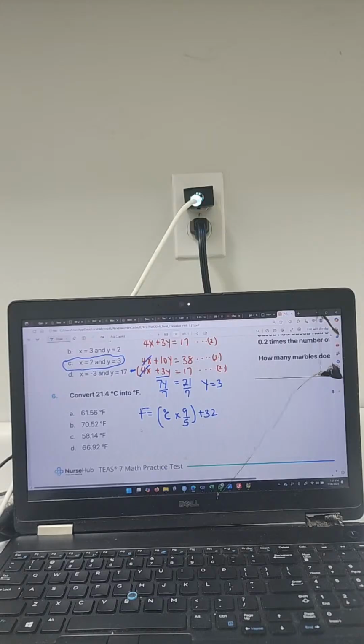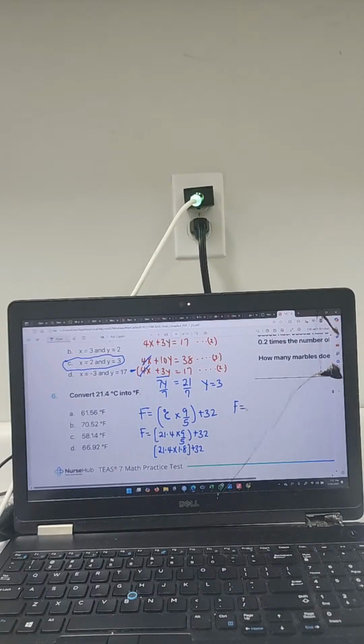Now, here we have F equal, our degree Celsius is 21.4 times 9/5 plus 32. And 9 divided by 5 is 1.8. So here we have 21.4 times 1.8 plus 32.